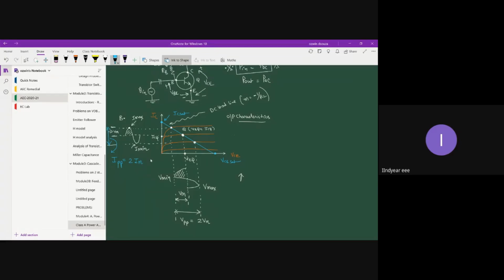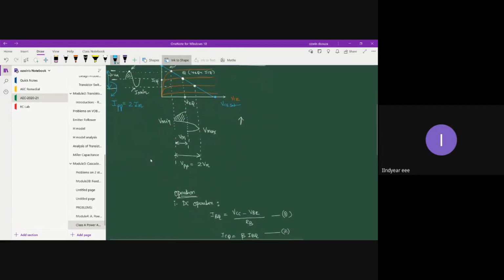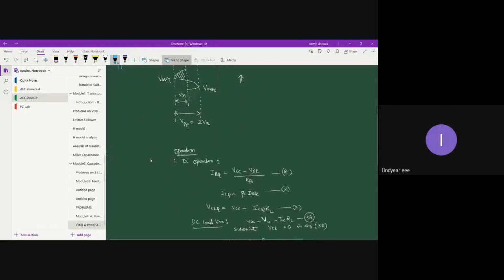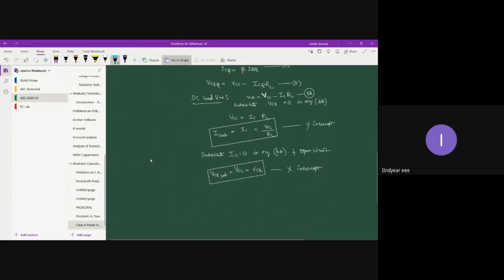In future, when we discuss efficiency, we will be needing these equations, IPP and VPP. That's the reason at this point itself I have shown the location of VPP and IPP and how to measure them. All right, fine. So that's about the graphical part of it.